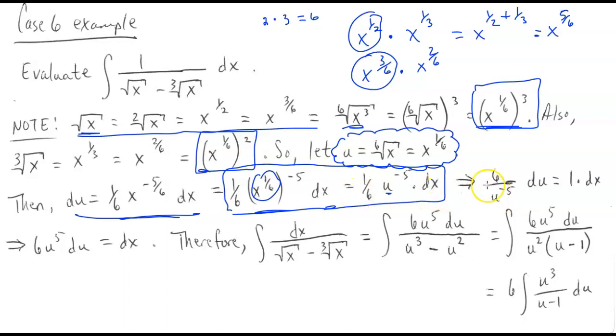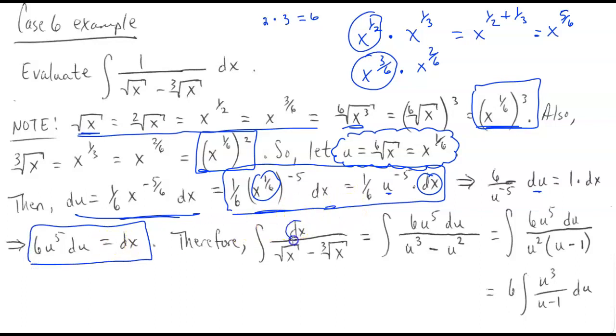So we know that once we're done here, if we solve for dx, then dx is just going to be 6 divided by u raised to the negative 5, or put another way, it's just going to be 6 times u raised to the positive 5 du. Okay, so we do all that heavy lifting to get to this point.